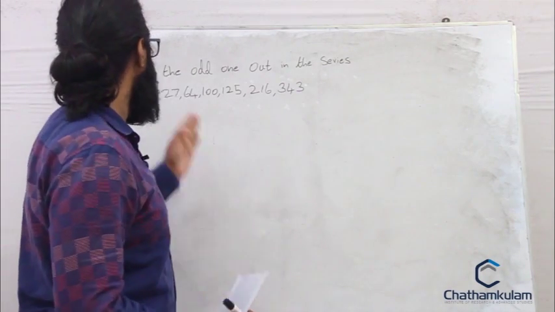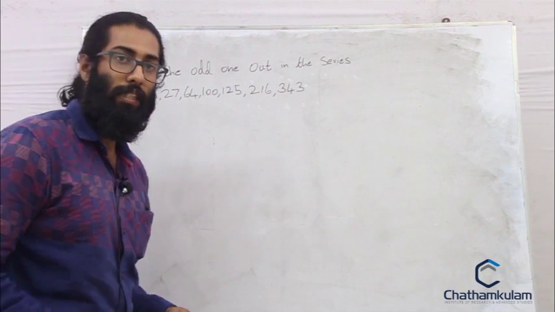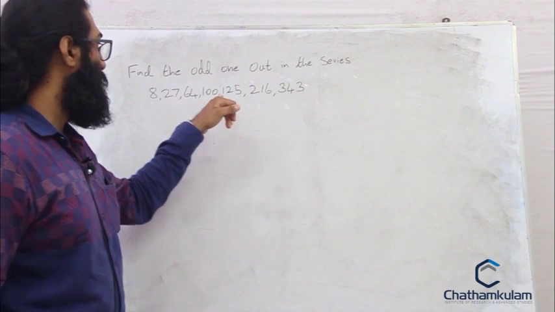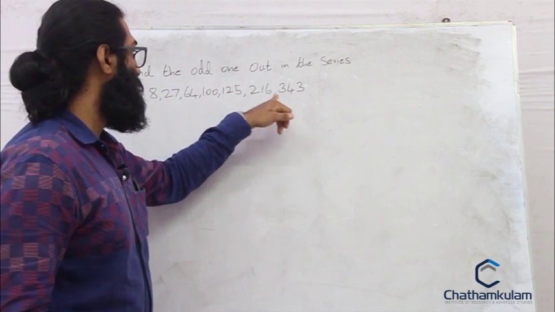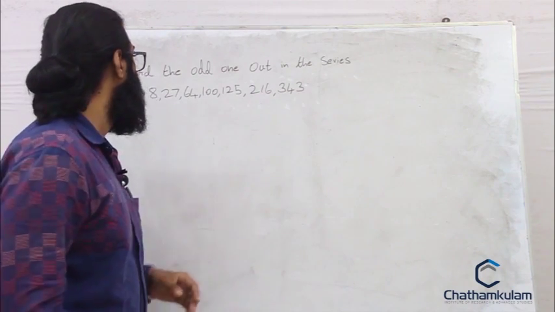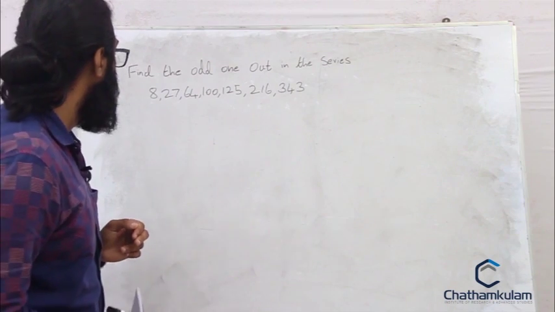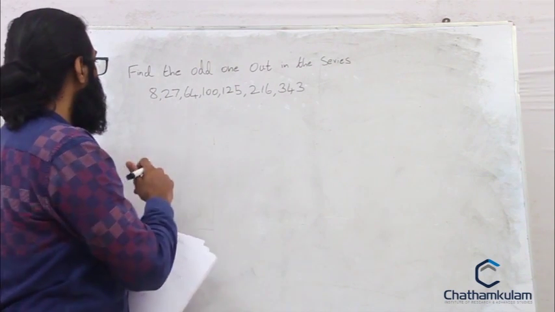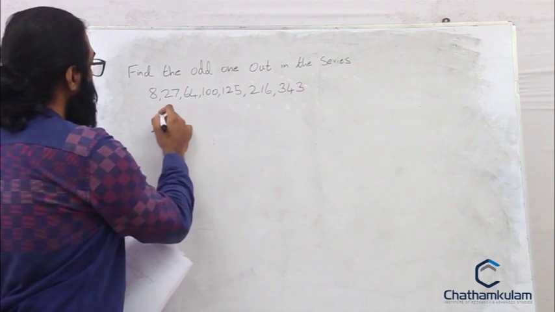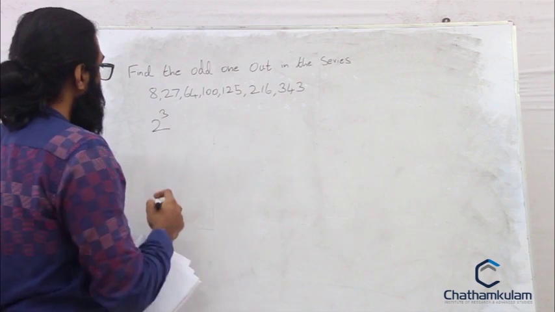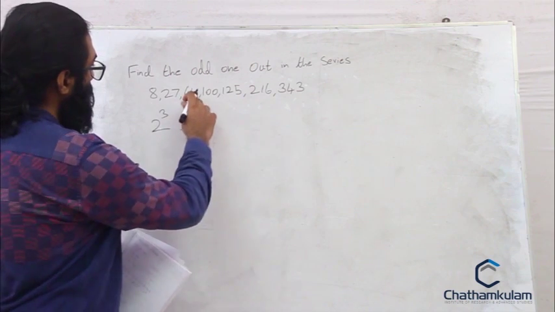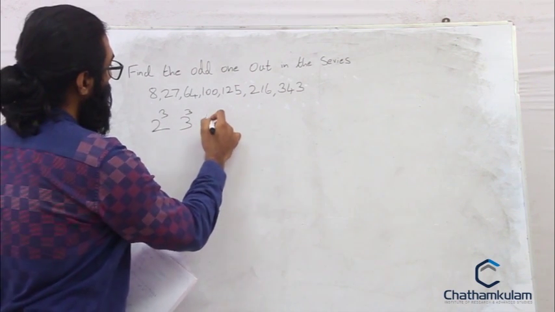So the next question is, find the odd one out in the series. The series given is 8, 27, 64, 100, 125, 216 and 343. We have to find out the odd number in the series. If we just look at the question, we can find that 8 is the cube of 2, that is 2 cube is 8, and 27, 3 cube is 27, 4 cube is 64.